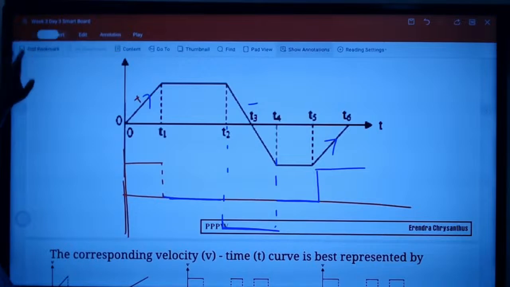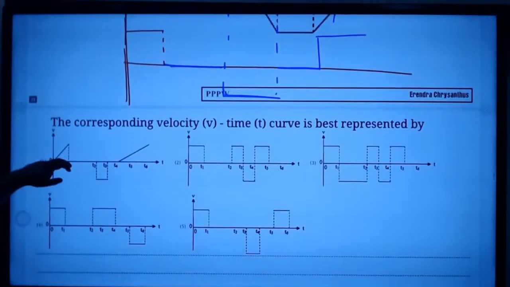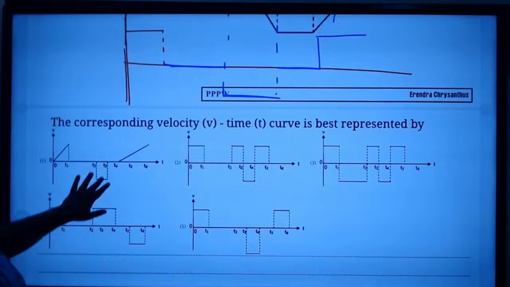Where is this graph? Find that graph. They want the VT graph.